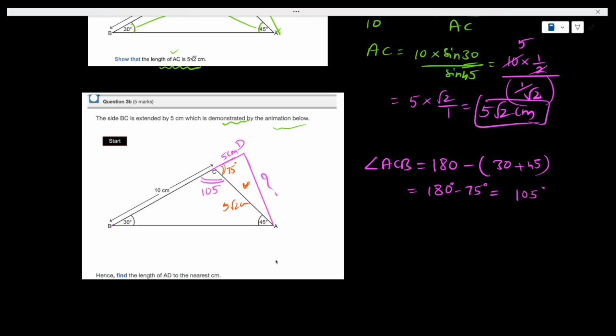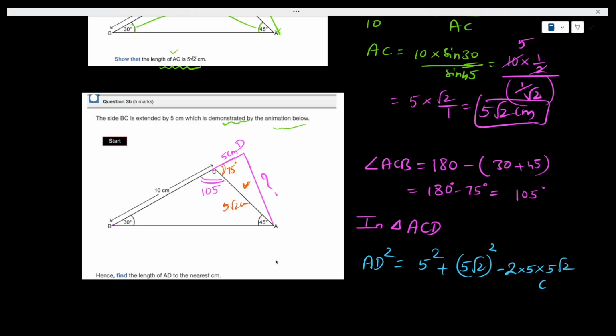You will use the cosine rule in triangle ACD. What do I need to find out? AD square equals 5 square plus 5 root 2 whole square minus 2 times 5 times 5 root 2 cos 75 degrees.